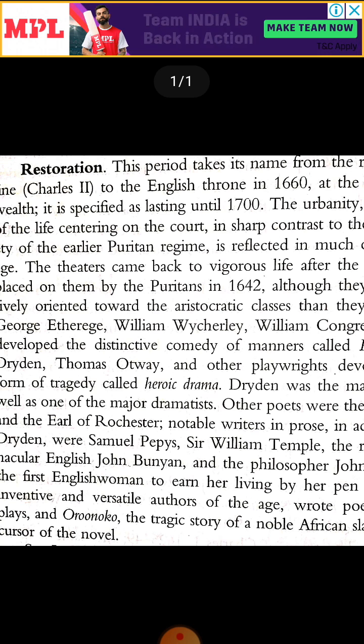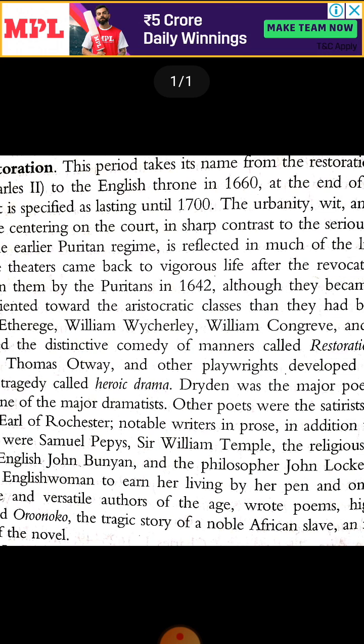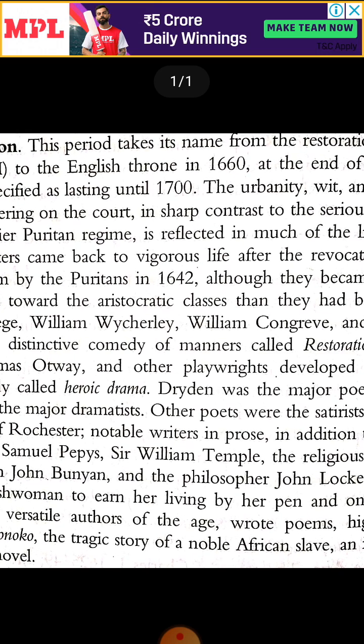So Charles II, the son of Charles I, is restored to the English throne, and that's why the period is known as Restoration period. At the end of the Commonwealth, it is specified as lasting until 1700.